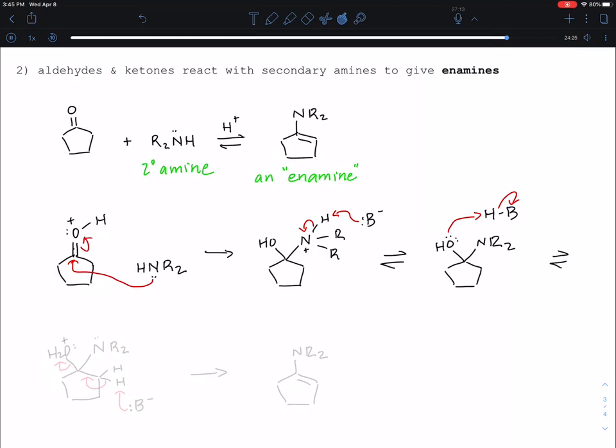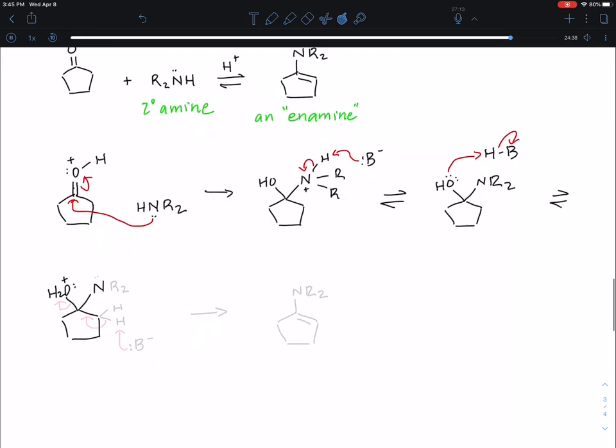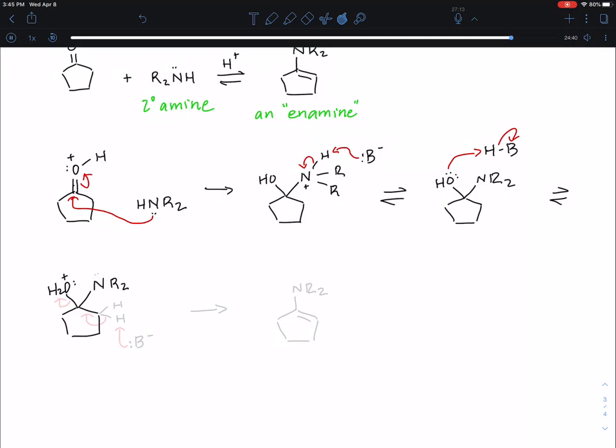That can leave. But here's the thing. At this point, before, there's another hydrogen on that nitrogen, wasn't there?